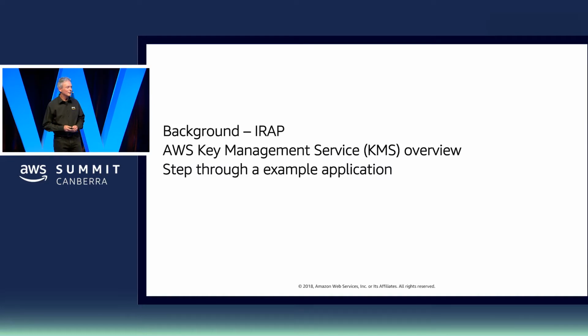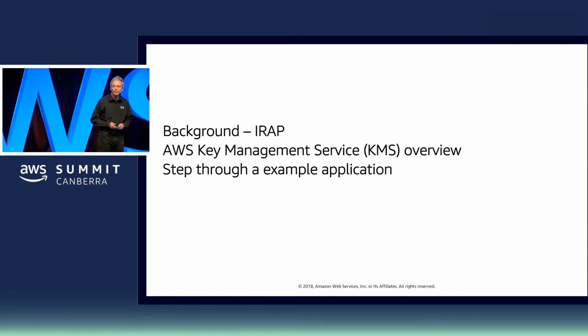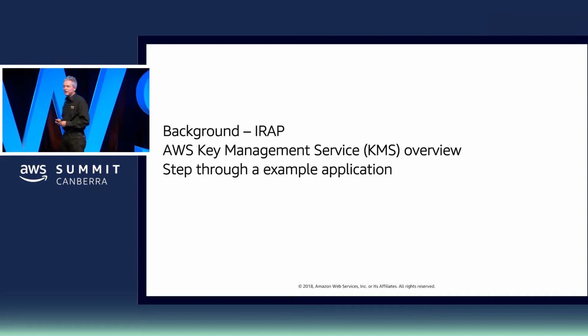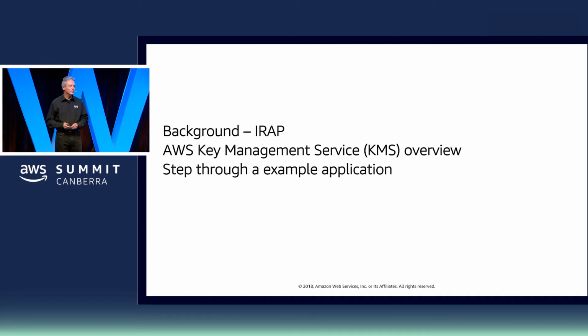So I'm going to go through a fairly simple agenda here with some key takeaways. First, I'm going to give a bit of background on where we're at with our IRAP compliance process here locally, and then talk about one of the services that's been highlighted in our latest Stage 2 IRAP report for enabling secure and protected workloads, and that's the AWS Key Management Service.